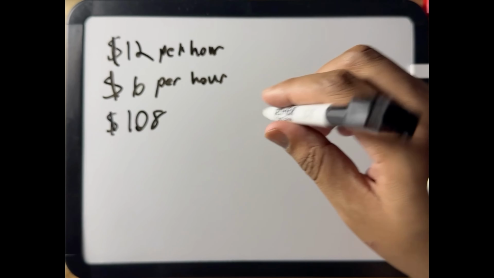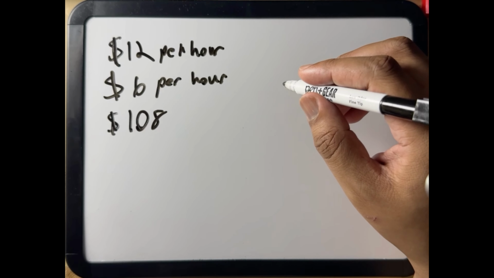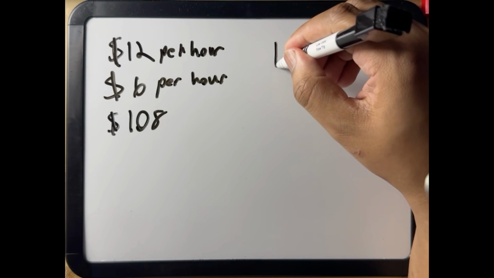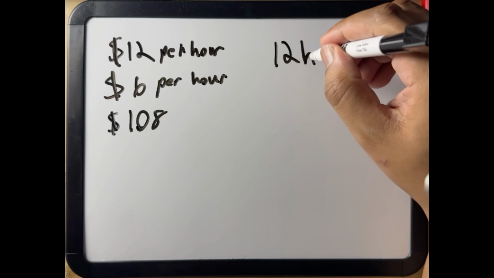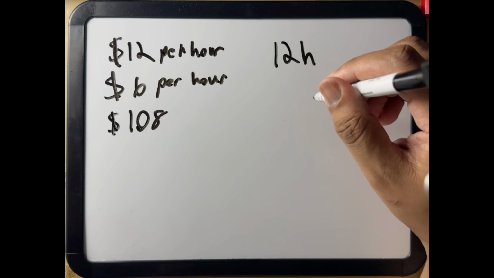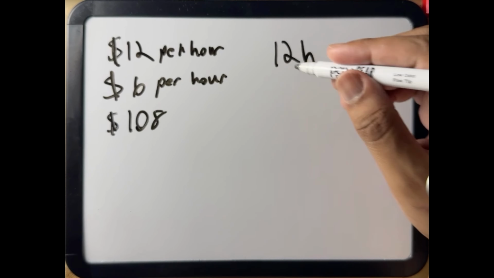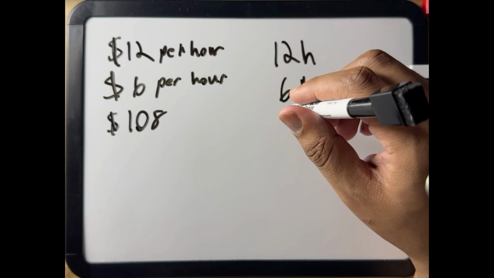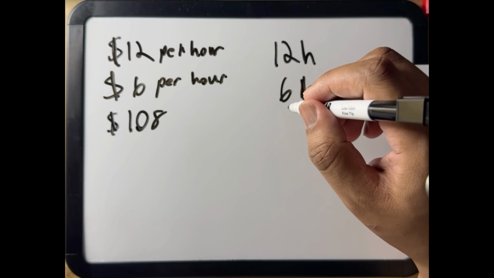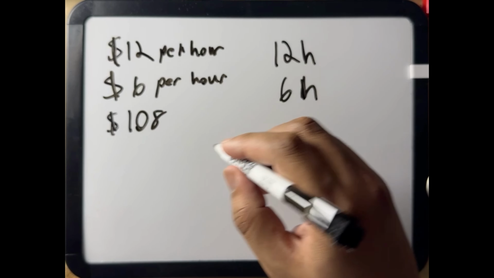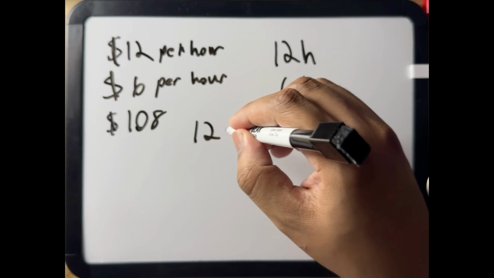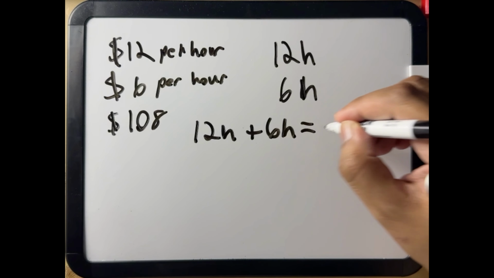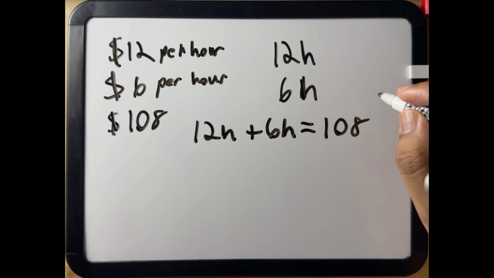So what we'll do is we'll let the number of hours each worked be H. The father charges $12 per hour, so for H hours he would earn 12H. The son charges $6 per hour, so for H hours he would earn 6H. So the total charge for the combined labor is 108. So we can write the equation as 12H plus 6H equals 108.